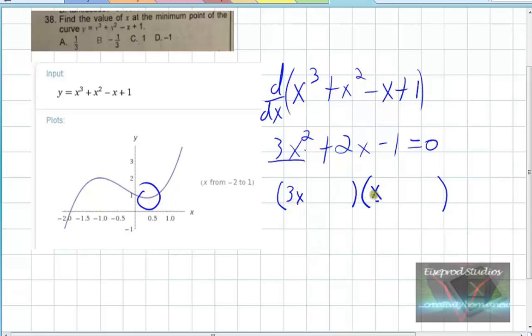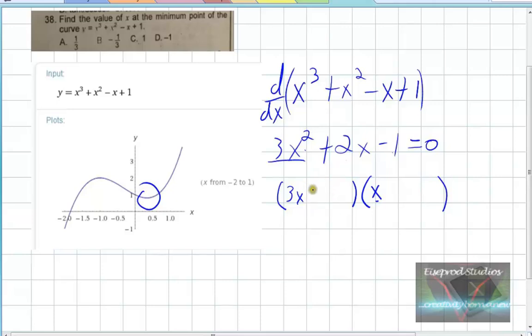Now we need to figure out something that will complete these two quantities and leave us with something that can add up to 2x and can be multiplied to get negative 1. And we have to take into account the fact that this is a 3x, not just a regular x. So there's really only so many choices we have because this is negative 1.